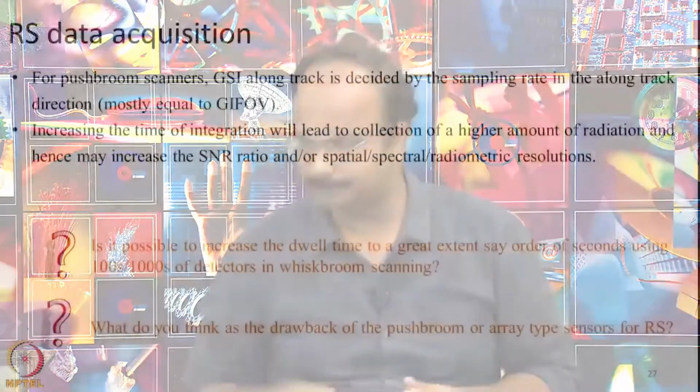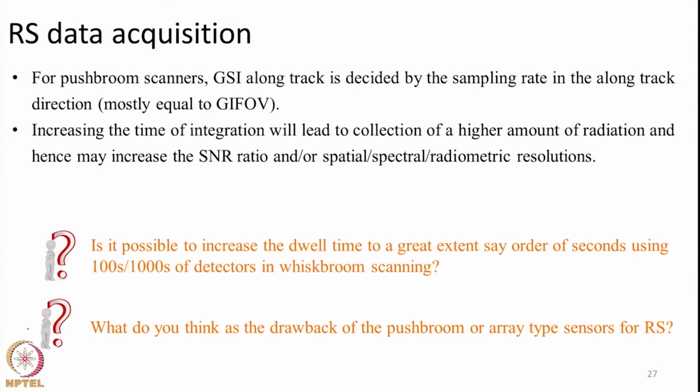Just see the time difference. There we had 35 microseconds, here we have 4 milliseconds for data to be collected. So, the time available for data collection in push broom sensor is much higher than the time available in whisk broom scanner or line scanner. So, that is what is mentioned in this particular slide.